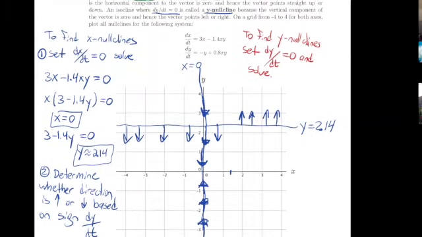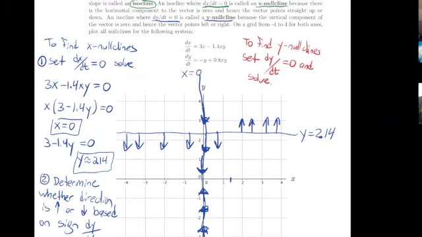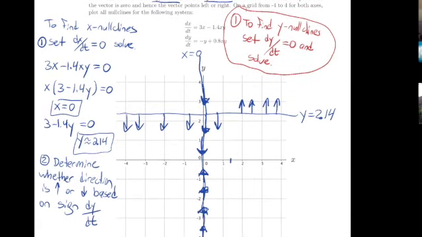Okay, what I'd like you all to do is break up into breakout rooms to do the same analysis with the y null clines. So I want you to figure out, first of all, what are the equations for the y null clines? You should find 2 of them, and then determine the direction, which is going to be either to the left or to the right, looking at signs of dx dt.